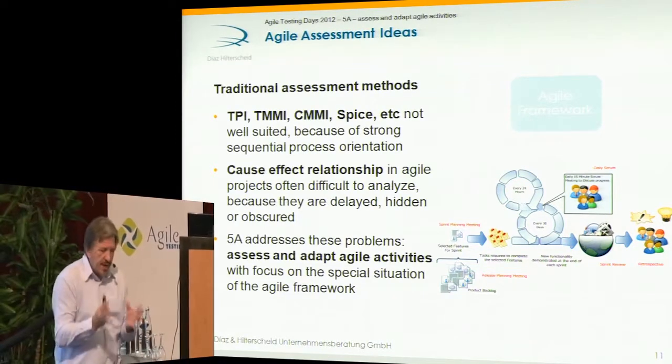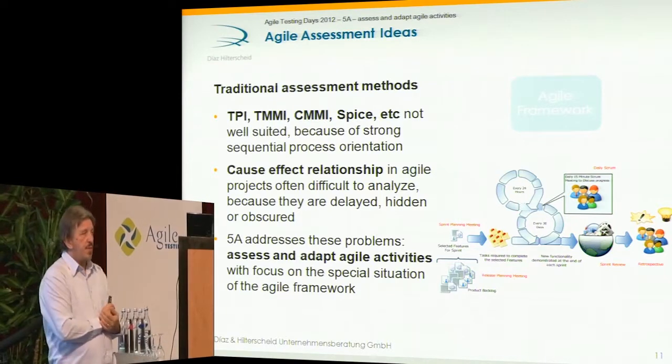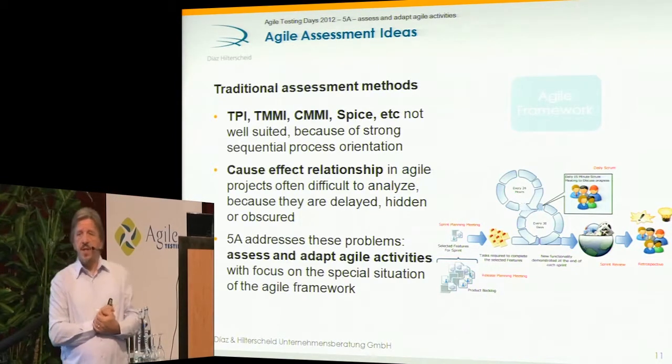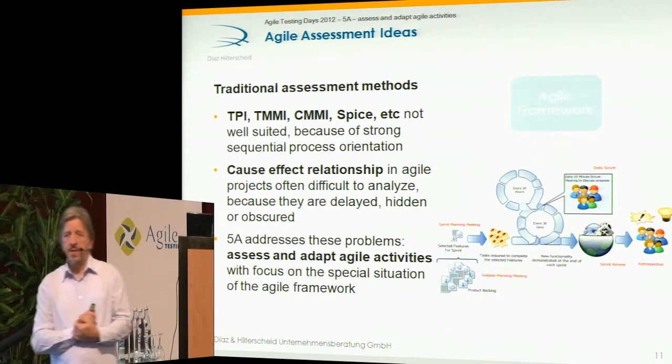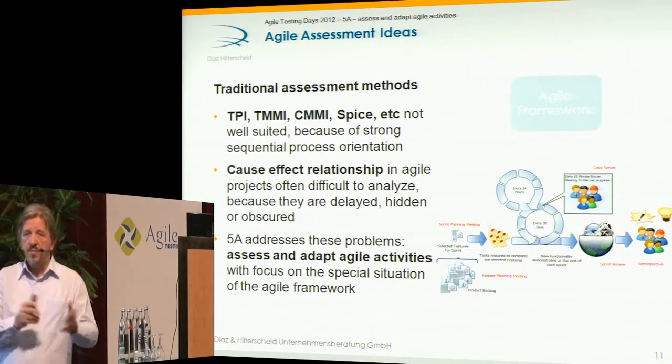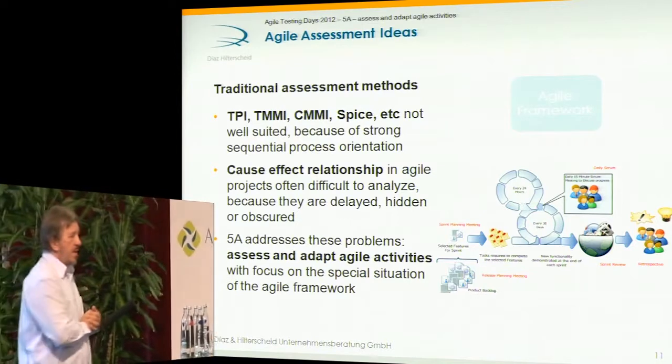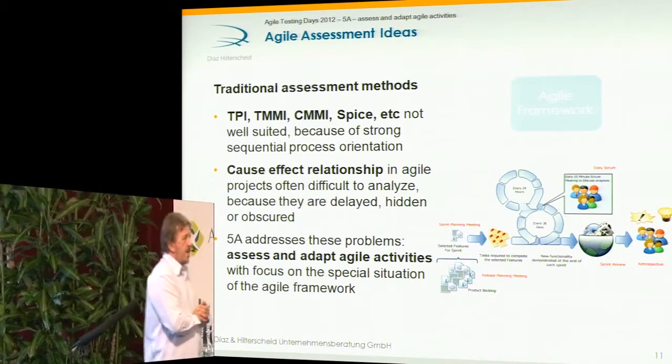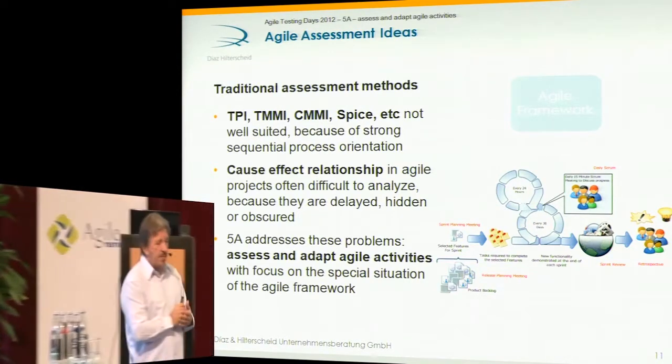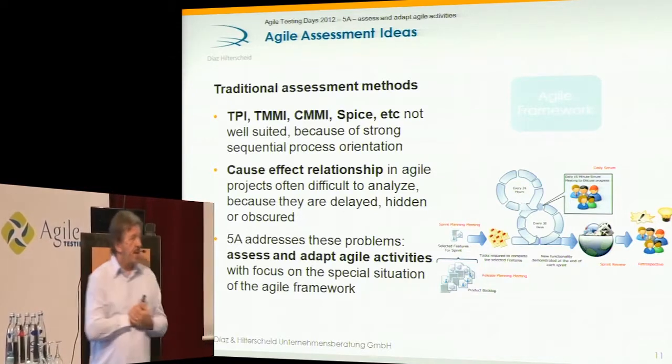So trying to analyze these problems, one of the ideas was to apply traditional assessment methods to that. So we said, let's take a TPI and adapt that so it fits the agile processes as well. That's no problem. Yes, you can do that. I'm not sure if it works, but that's a different question.